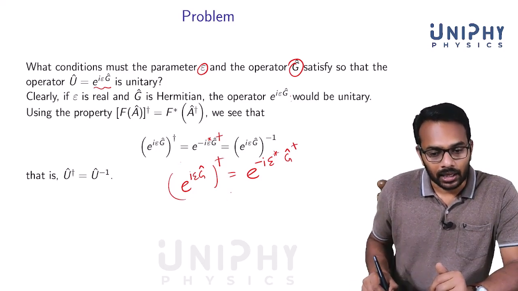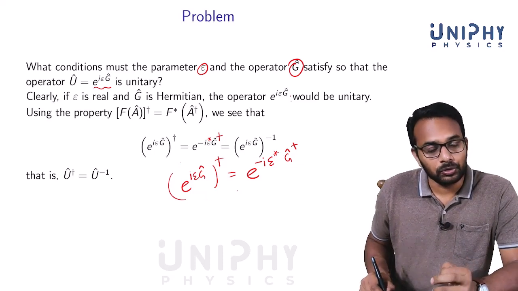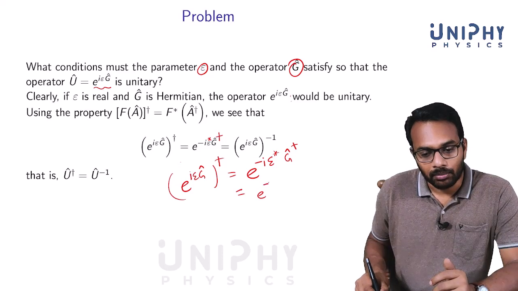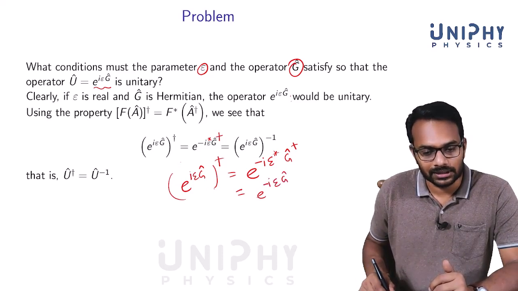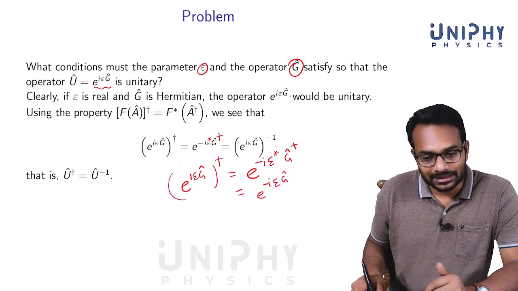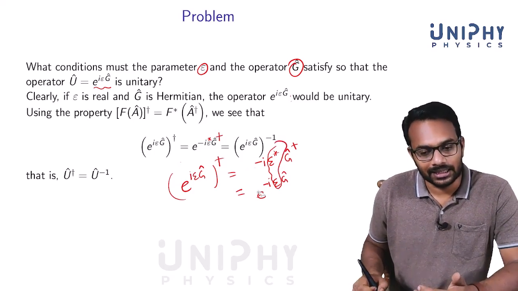Now, if this has to be unitary, this U dagger has to be equal to U inverse. This means that this must be equal to e raised to minus i epsilon g, because clearly this is the inverse of this thing. So the condition is satisfied if epsilon star is equal to epsilon and g dagger is equal to g.